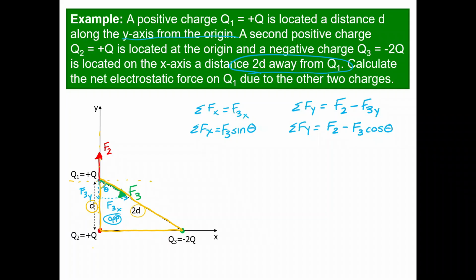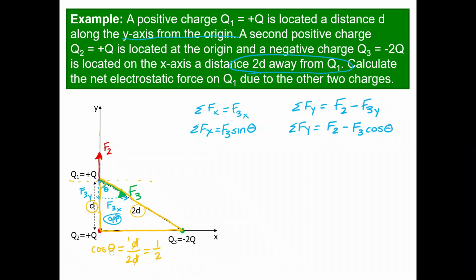So if I use cosine, cosine of my angle theta is going to equal d over 2d. So that's just going to equal 1/2, because the d on top and the d on the bottom are going to cancel. So cosine theta is going to be 1/2.